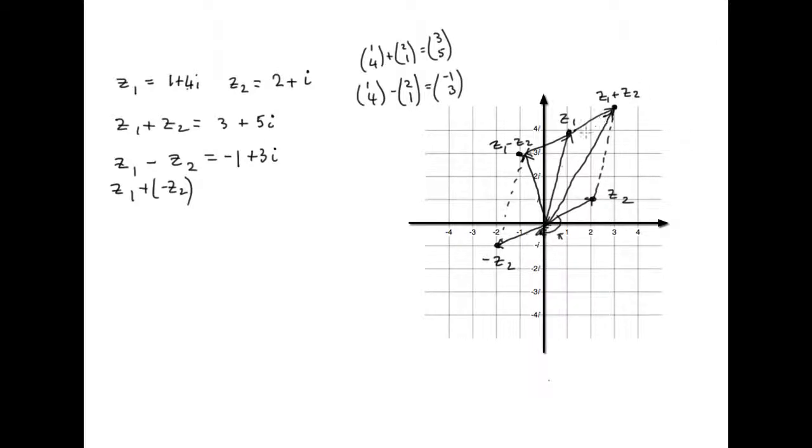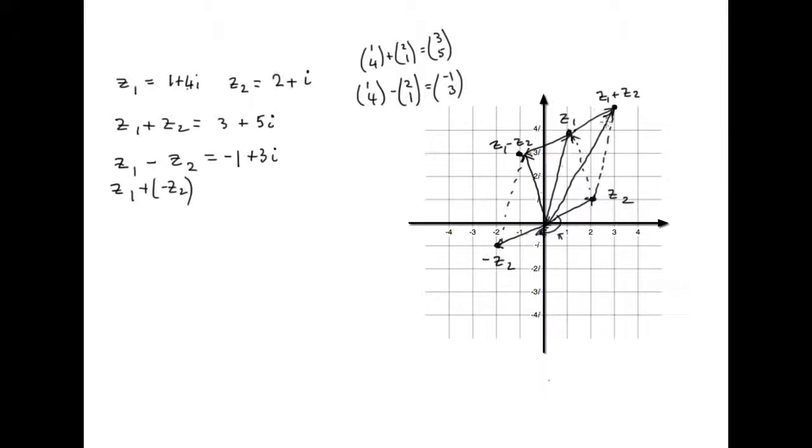And you'll note that in this original one, where the sides had vectors representing z1 and z2, one of the diagonals represents z1 plus z2. The other diagonal, the shorter one in this case, is representing z1 minus z2. Of course, it's not pinned to the origin. We have to move that vector to the origin to find the position of the point representing z1 minus z2.